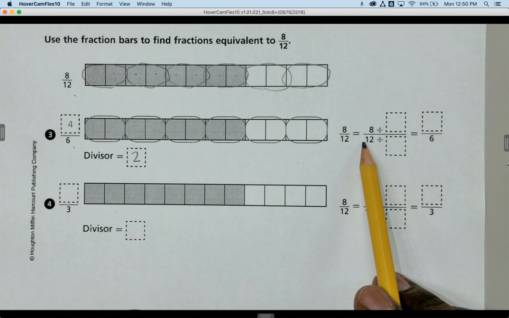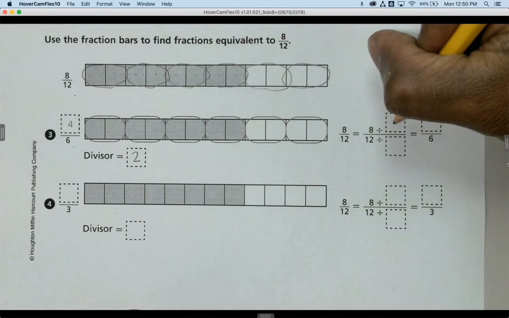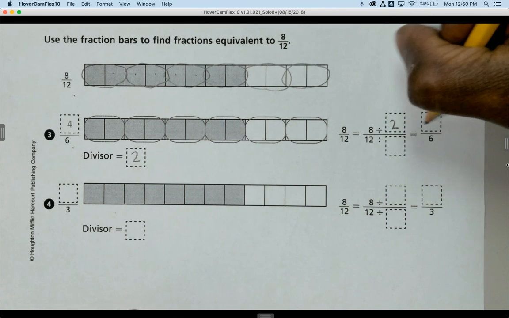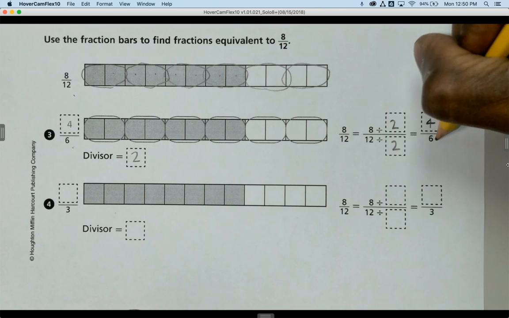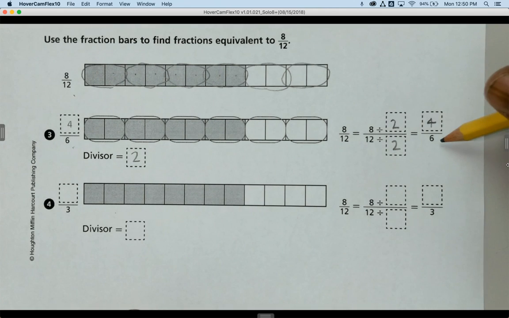And in this case, we are going to divide the numerator by 2. 8 divided by 2 is 4. We'll divide the denominator by 2. 12 divided by 2 is 6. And show that this way as well. What did we really do?